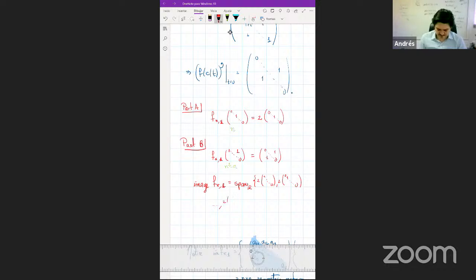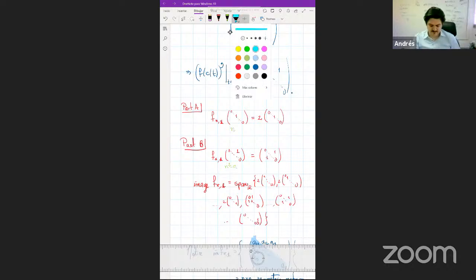Etc. And then 0, 1, 1. Do you agree on this equality?